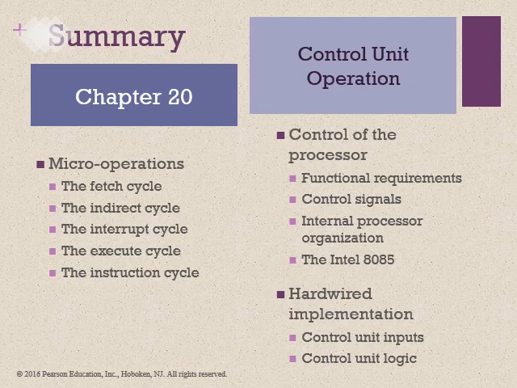To tie everything together, students must understand that the control unit controls the state of the instruction cycle: all the fetch, interrupt, execute, and indirect cycles. I hope students are able to appreciate that in a modern complex processor, the number of Boolean equations needed to define the control unit is very large.